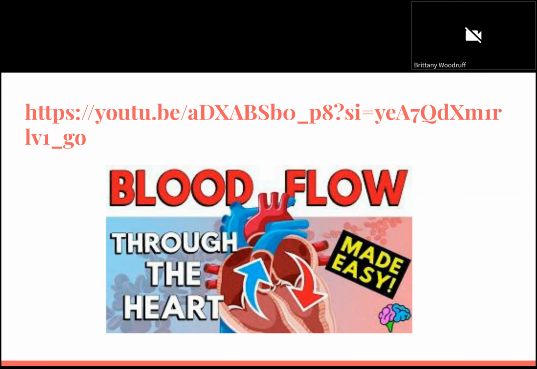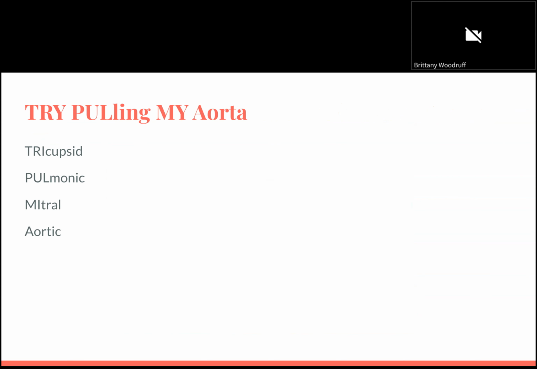Like I said, it's a little more chaotic, but it is a nice 1-page summary. If you just Google, you'll see a lot of mnemonics for remembering the order of the valves.